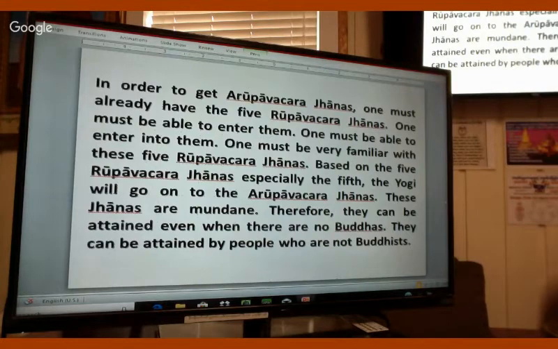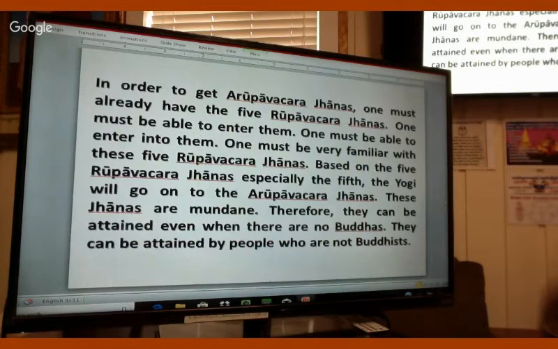That's why the Buddha, before enlightenment, met the two teachers, isn't it? These teachers had already attained the Arupa jhana, and they taught the Bodhisattva. The Bodhisattva practiced just a few days.